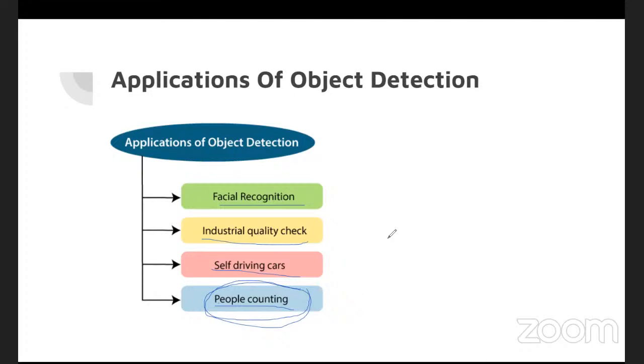Okay, so as we know, maximum of the public facilities are running at 50% capacity. So these object detection algorithms count the actual number of people in the railway station and then inform the relevant authorities that this number of people are actually present in the railway station.